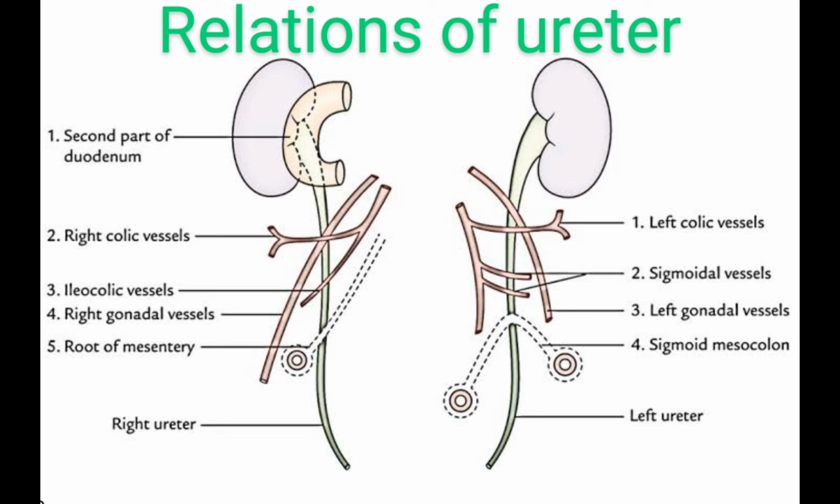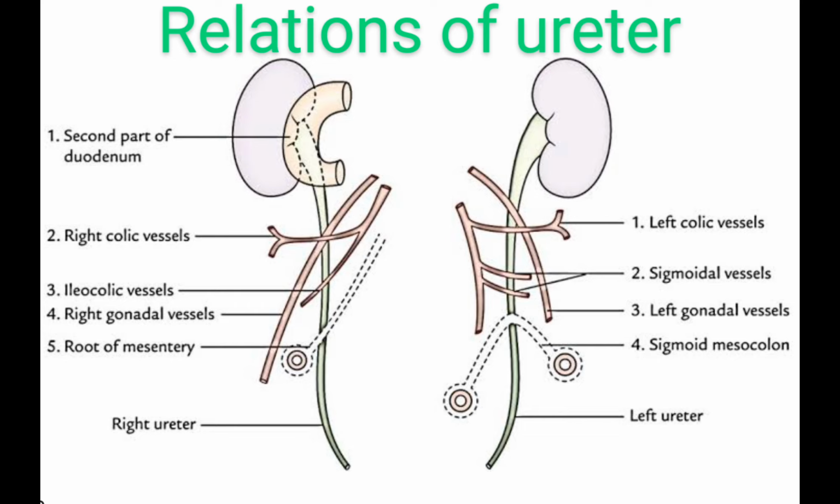Then on the right, we will have the second part of the duodenum, right colic, ileocolic, and right gonadal vessels, and the root of the mesentery. So on the right side, we have the duodenum, the mesentery and the ileocolic vessels. So that is about the anterior relations of the ureter.